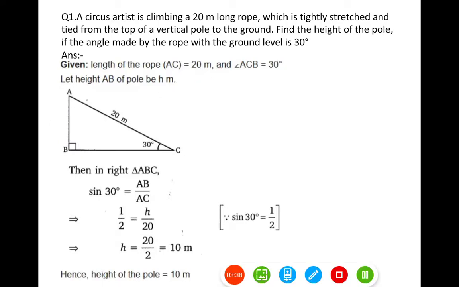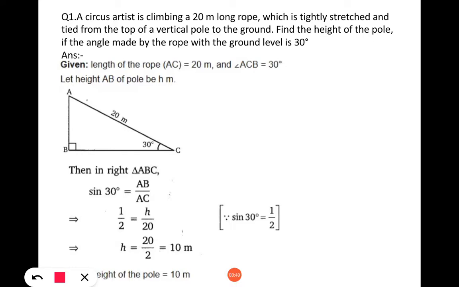So look at the right angle triangle ABC. Here we have AB divided by AC. So AB is side opposite to given angle and AC is hypotenuse. So which is sine of the given angle. So we have sine 30° is equal to AB upon AC.